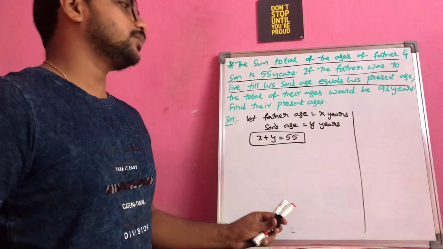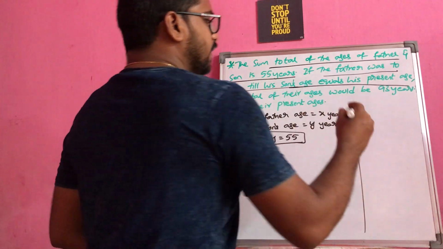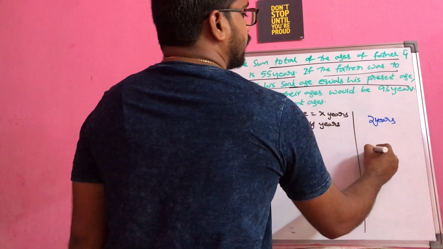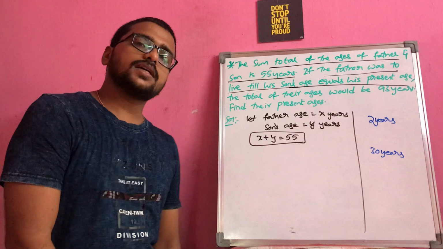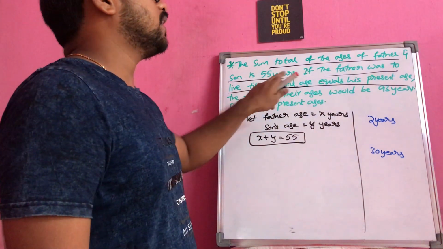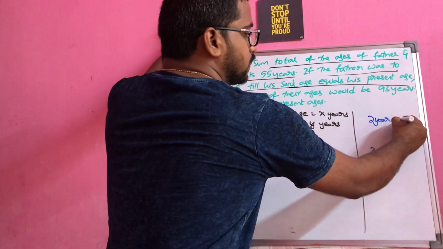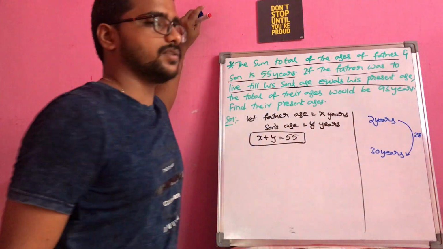Let me give a simple example that will give you a clear idea. Let us say my son's age is 2 years now, and let us say my age is 30 years. So what they are saying is, if the father was to live till his son's age equals his present age, he should live for 28 years.